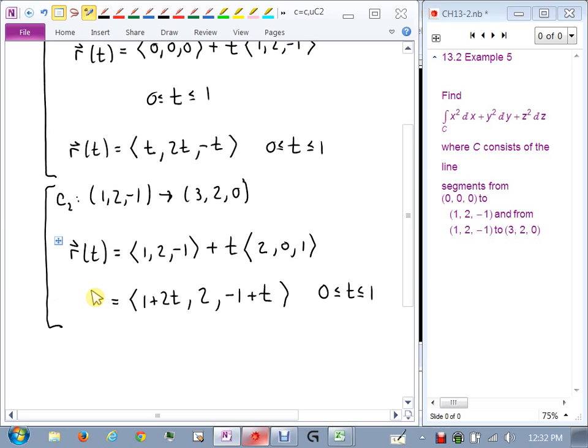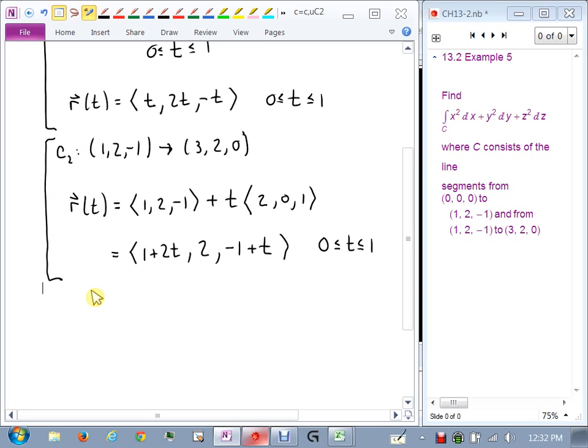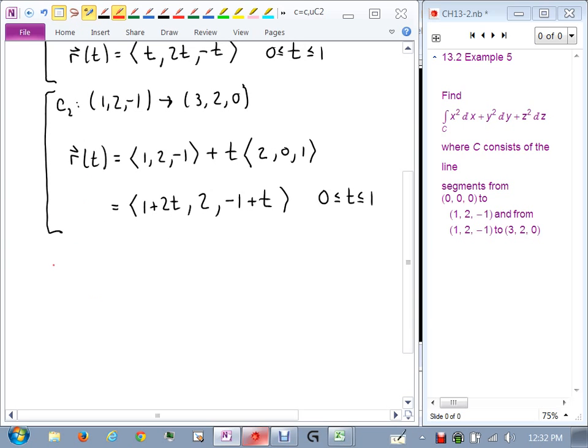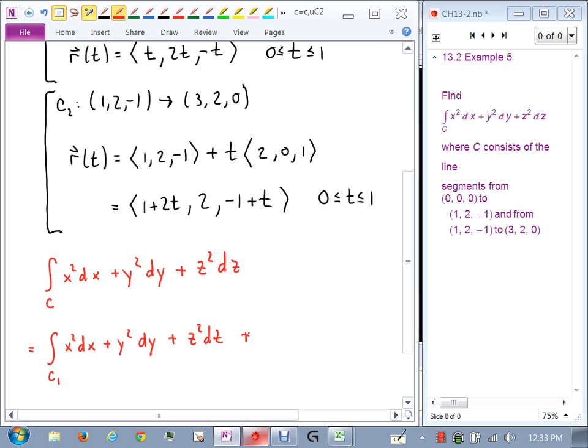All right, so let's try and do this whole thing. This line integral over C of x squared dx plus y squared dy plus z squared dz will be equal to the line integral on C1 of this plus the line integral over C2 of this.